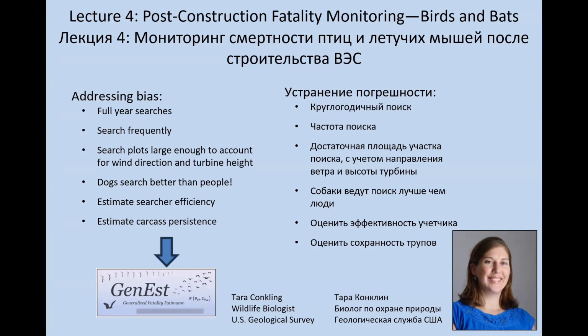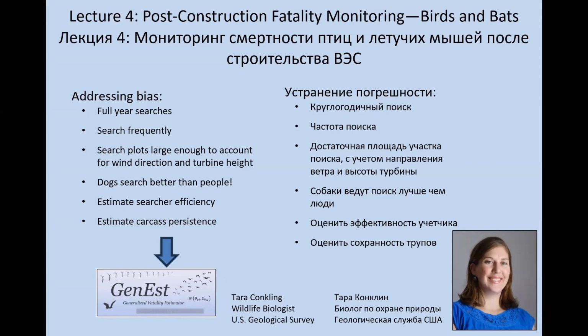The last 2 things that are critical when you're addressing bias are to estimate searcher efficiency and carcass persistence. Searcher efficiency is basically how good are your dogs or your people, right? If there are really 10 carcasses on the landscape, will your searchers find 9 or 10 of them, or will they find 1 or 2 of them?